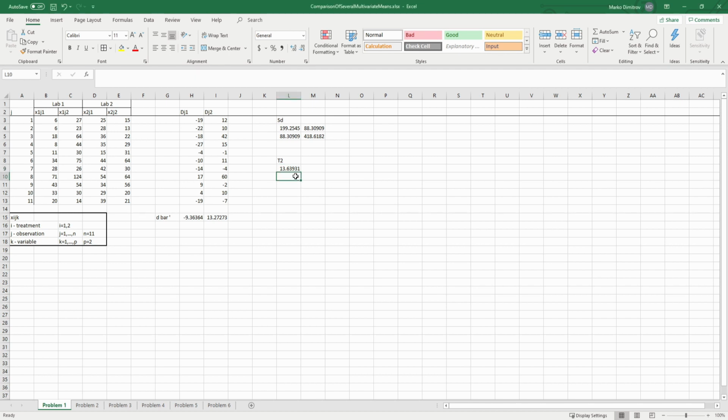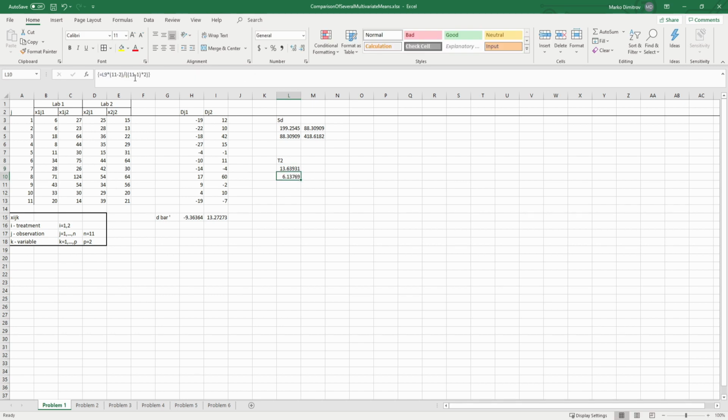So let's multiply this with the constant: n minus p, so 11 minus 2, divided by n minus 1 times p, so 11 minus 1 times 2.